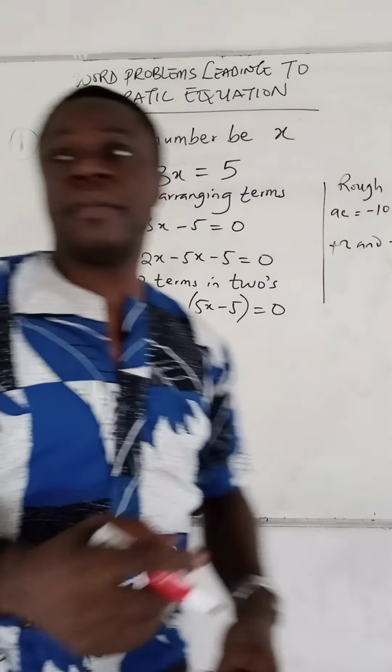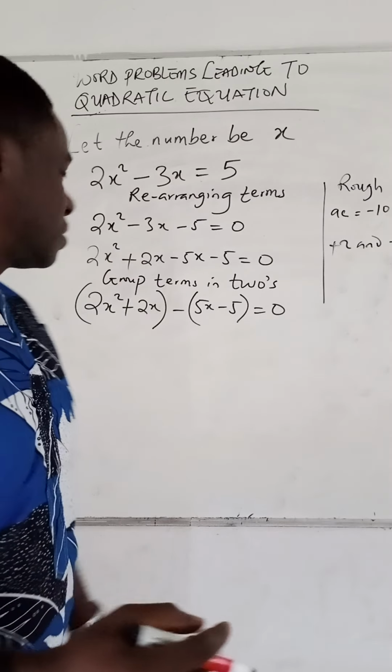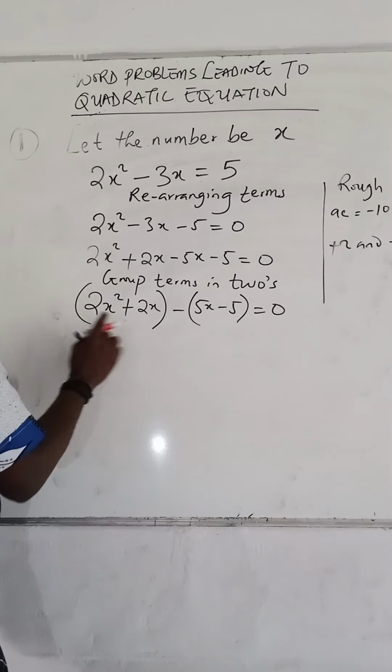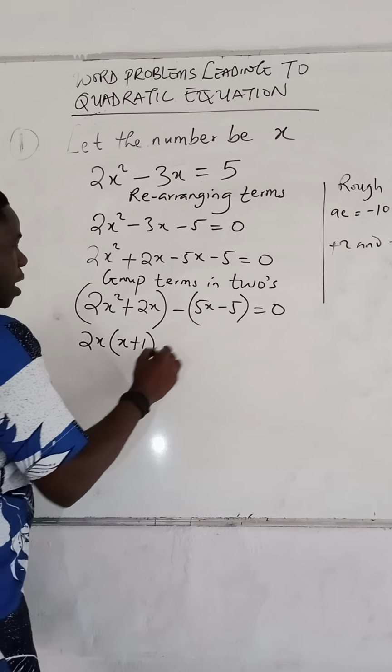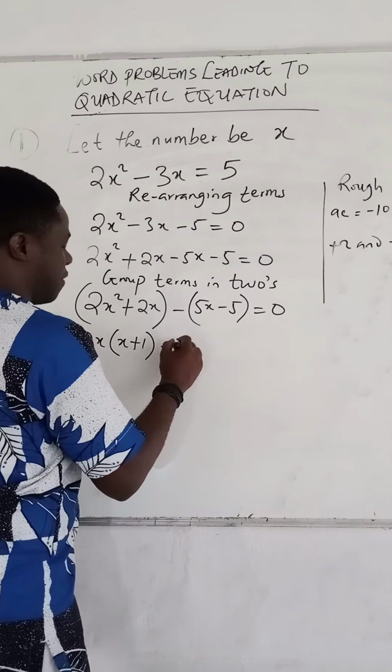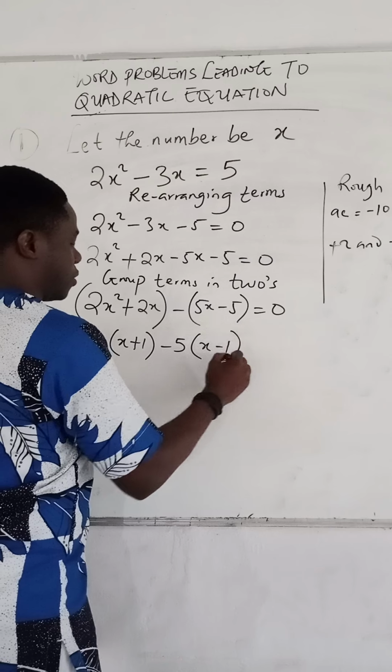The next step is to factorize the terms within the bracket. If we factorize 2x here, we'll have x plus 1. And if we factorize 5 here, we'll have x plus 1.